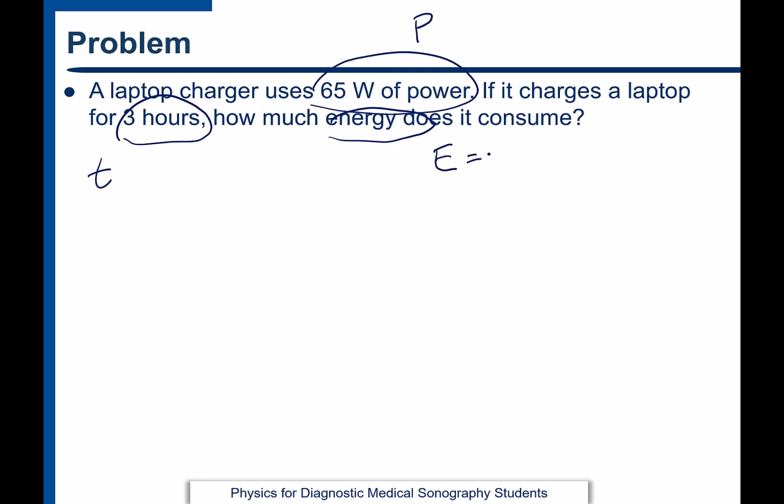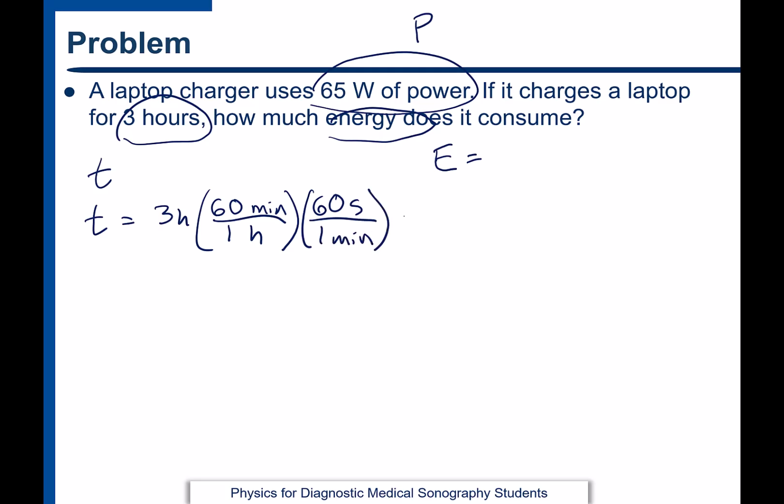So let's go ahead and do what we usually do, which is let's first fix our time. We've got 3 hours. We know there's 60 minutes in 1 hour. We know there are 60 seconds in 1 minute. And so if you multiply that out, you should get 10,800 seconds.